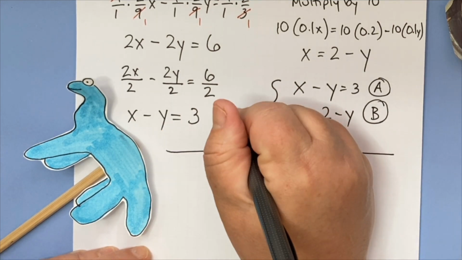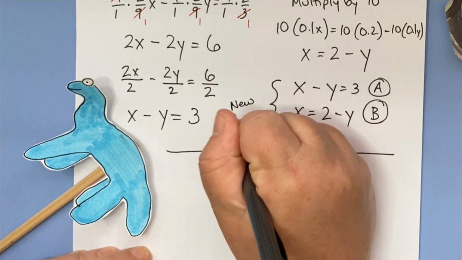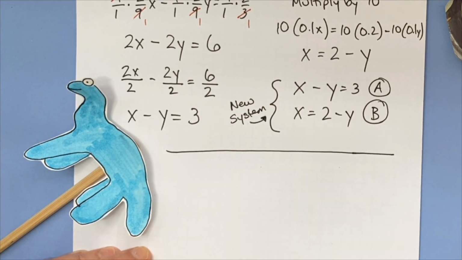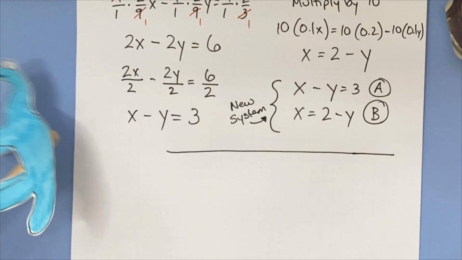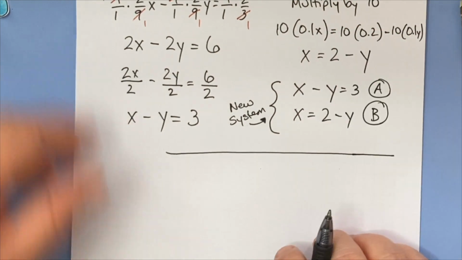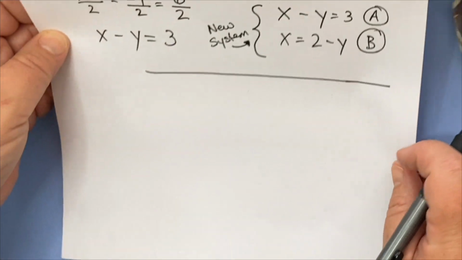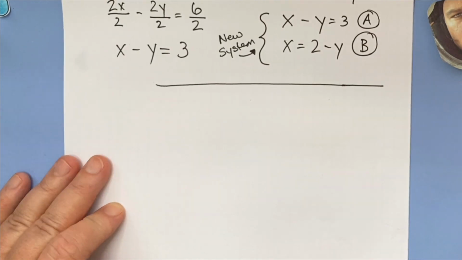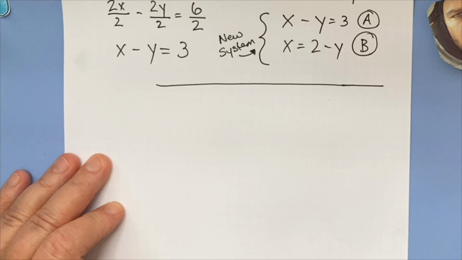Okay, so this is the new system that we're going to be solving. Now, is it really new? No, I've just rewritten the old system. Is it exactly what the old system was? No, it also is not. So it is consistent. It'll have the same solution set, but it's not exactly the same one.